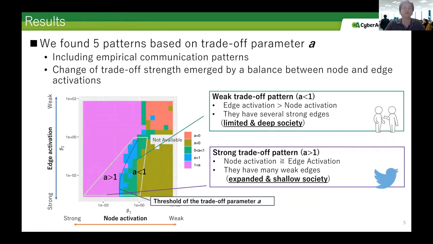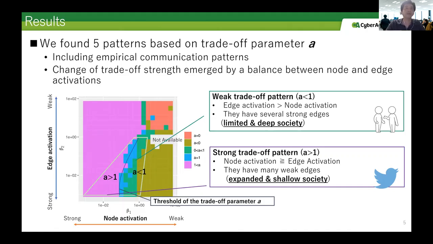As a result of agent-based simulations, we found 5 patterns based on the trade-off parameter A. We draw this phase diagram by node and edge activation strengths. This area shows that our model reproduced empirical social relationship features such as the trade-off.